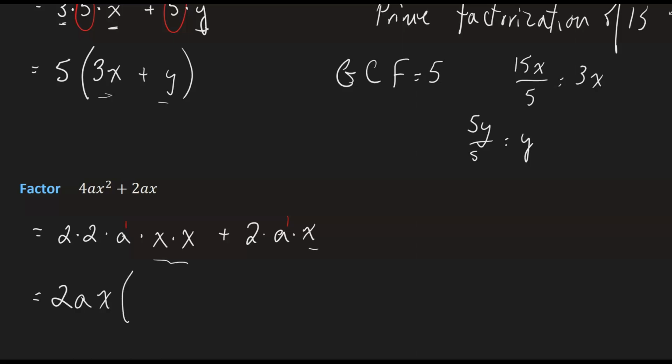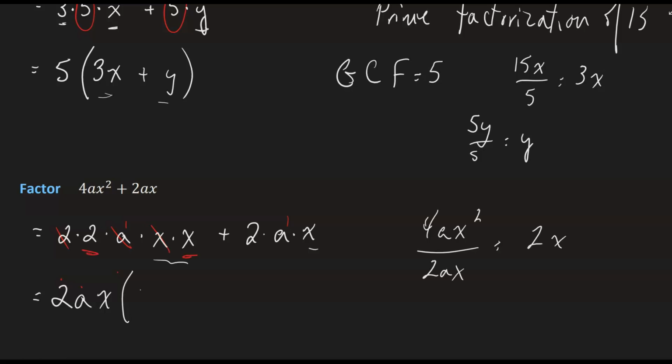Now, taking a look at what is left, we can do that in a couple of different ways. Like I did before, I can take my 4ax squared and divide it by the greatest common factor, 2ax, and we are left with 2x. We can also see that if we cancel out a 2, an a, and an x, we're left with 2x, right?